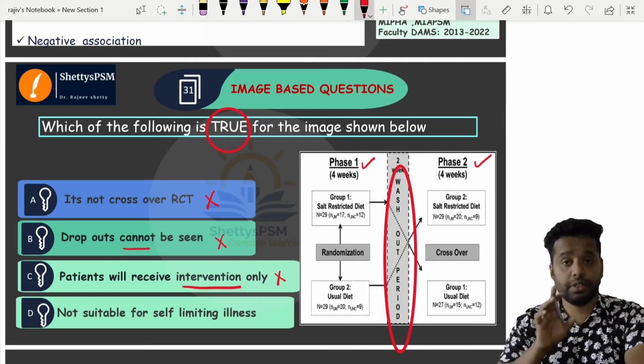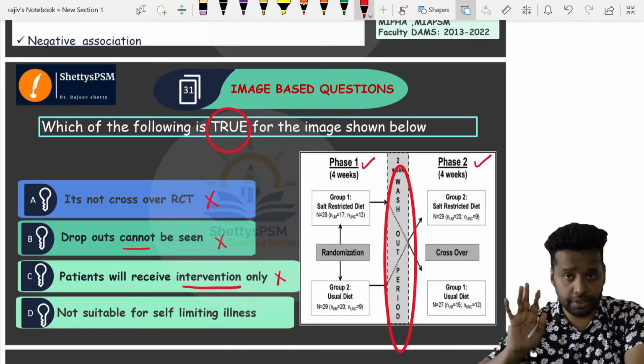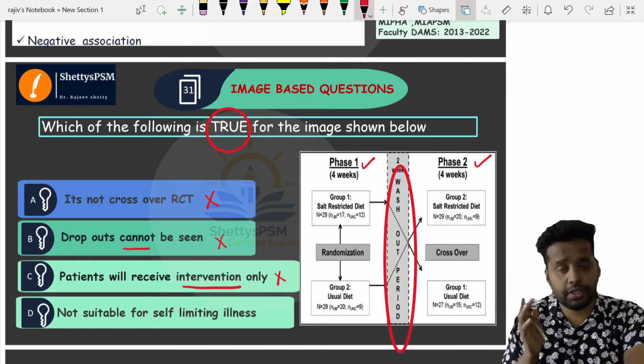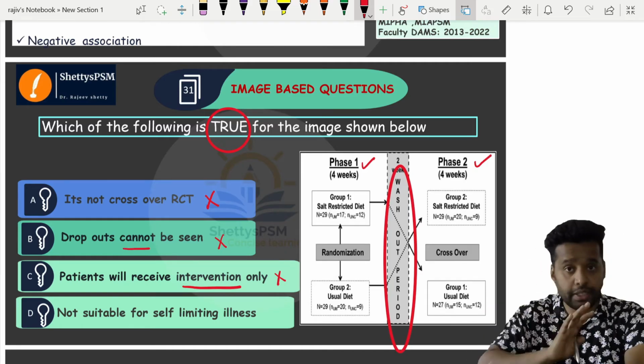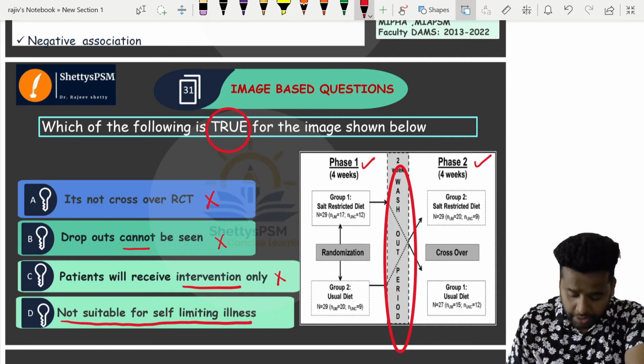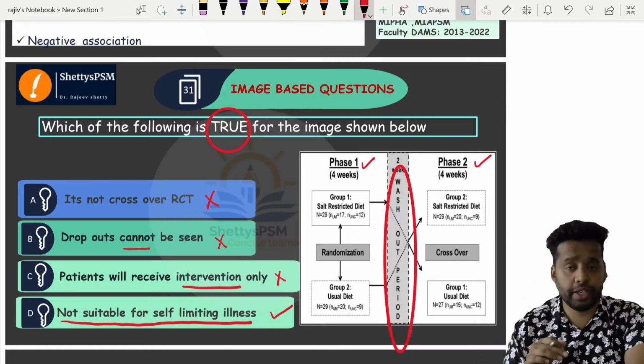No, they will receive intervention in phase 1. The same set will receive placebo in phase 2. Those who have received placebo in phase 1 will receive intervention in phase 2. That is what we are interchanging. Not suitable for self-limiting illness, correct. If the disease is curable in phase 1 itself, there is no point of exchanging and keeping the patient in phase 2.